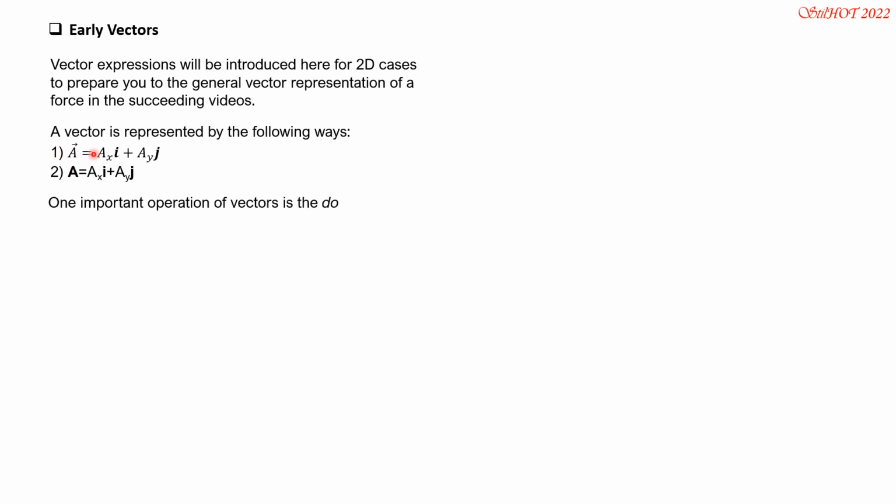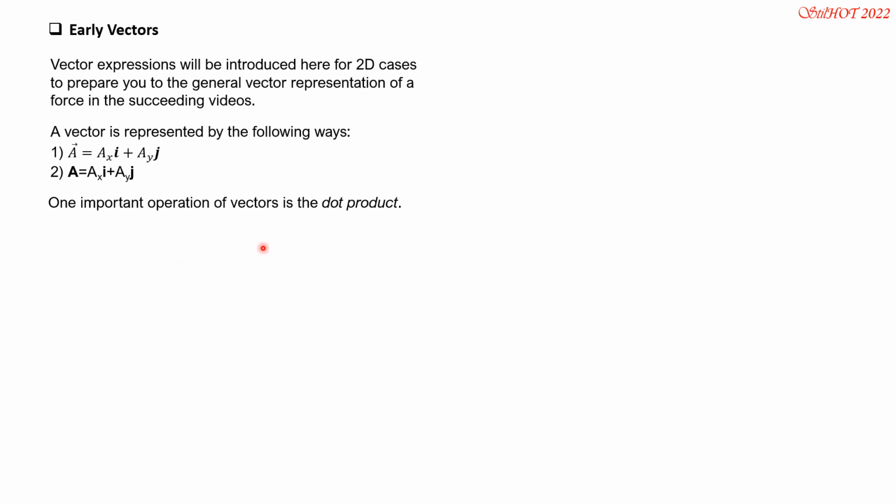A vector is represented in the following ways. One is vector A with an arrowhead on top equals AX i plus AY j, or the boldface symbol for vector, then AX i plus AY j, where AX and AY are the X and Y components of the vector, and i and j are the unit vectors along the X and Y axes.